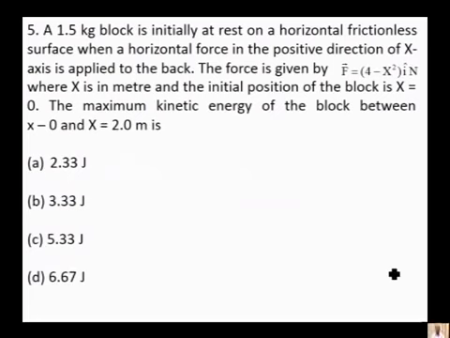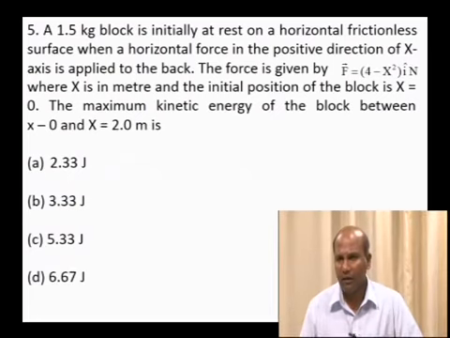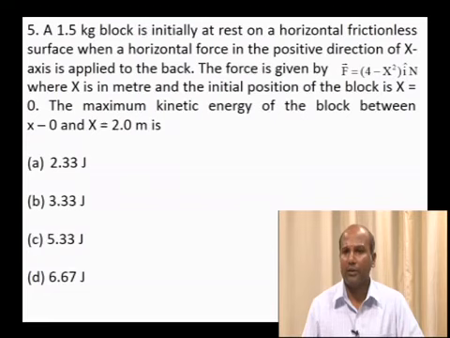So coming to the next problem. A 1.5 kg block is initially at rest on a horizontal frictionless surface when a horizontal force in the positive direction of the x-axis is applied to the block. The force is given here, where x is in meters, and the initial position of the block is x equal to 0.